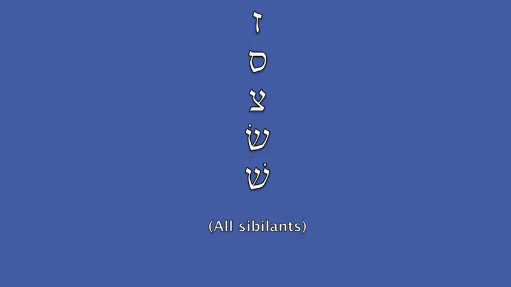These consonants are all pronounced as sibilants, that is, placed in the mouth more or less like English S and Z. Reading down from the top, first is Z, like Z. Second down, S, like S. Third down, Ts, as in English TS or tsetse fly.